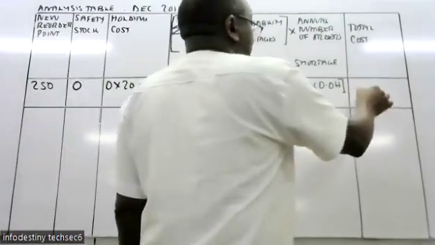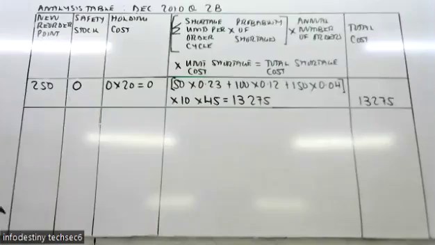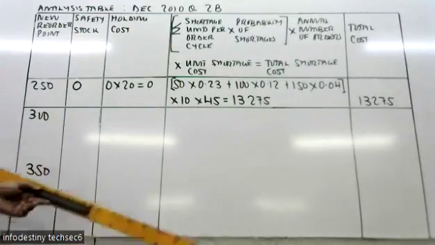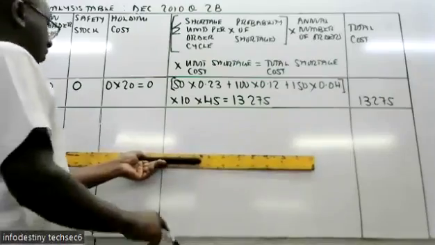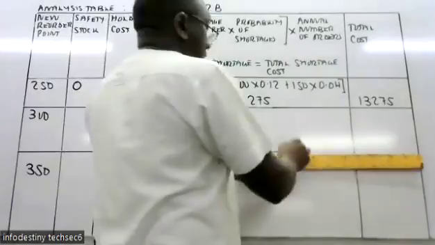So hapa 13,275. So I propose you proceed on your own. Do the summary.